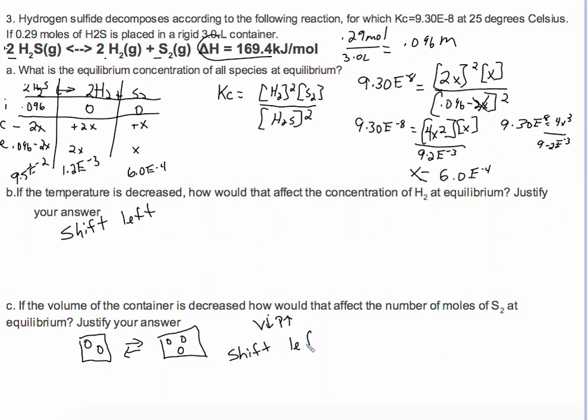So if it shifts to the left, there will be fewer moles striking the side of the container. So it's going to shift to the left. That's how that would work, because it would make fewer moles and would make the pressure go back to where it's supposed to be. Okay, that's it.